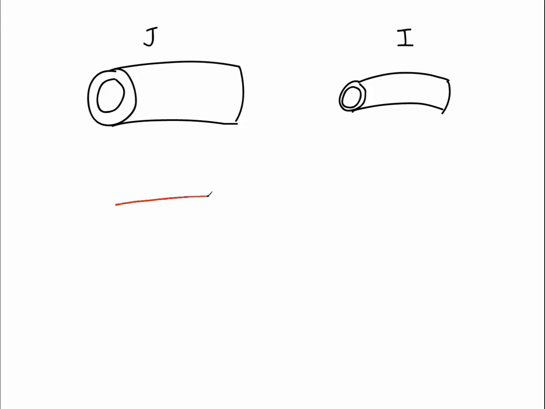So the small intestine is supplied by the superior mesenteric artery. Here we can see just a representative length of the superior mesenteric artery. And coming off the superior mesenteric artery are going to be a series of what are known as arterial arcades.